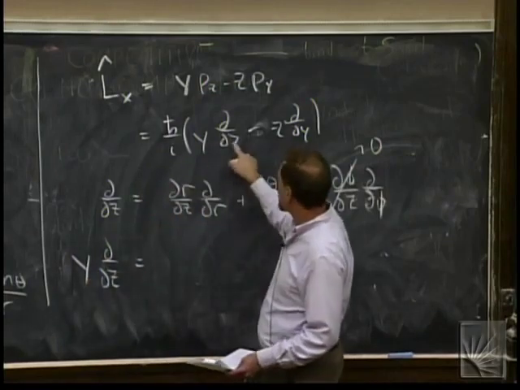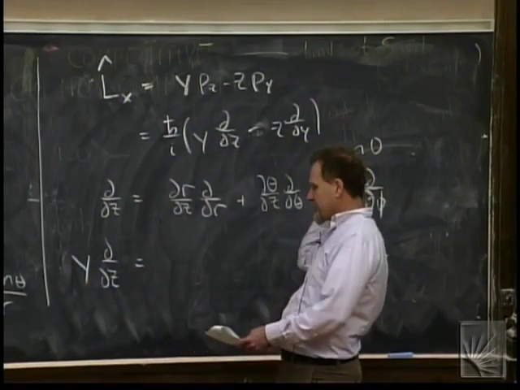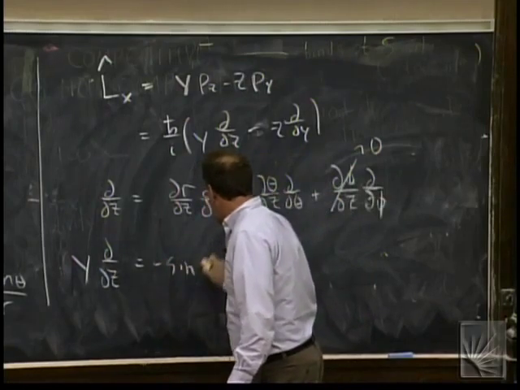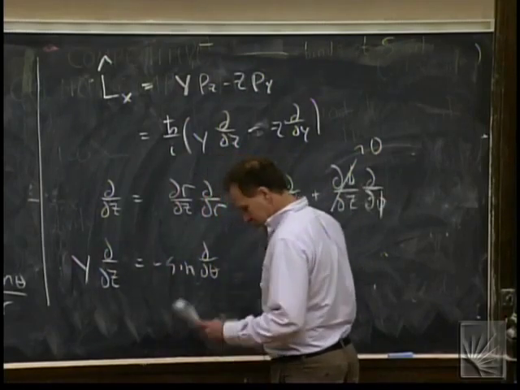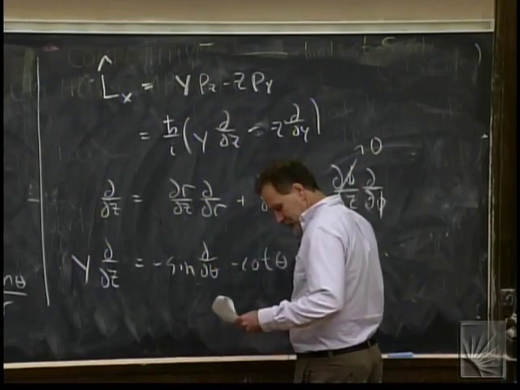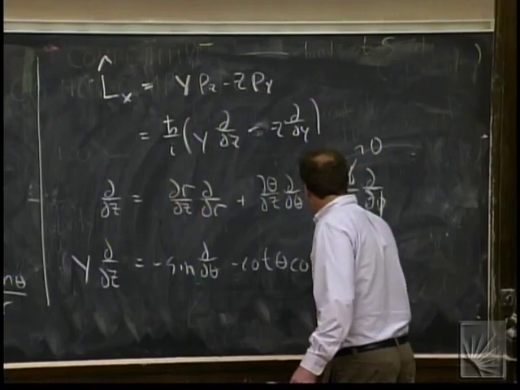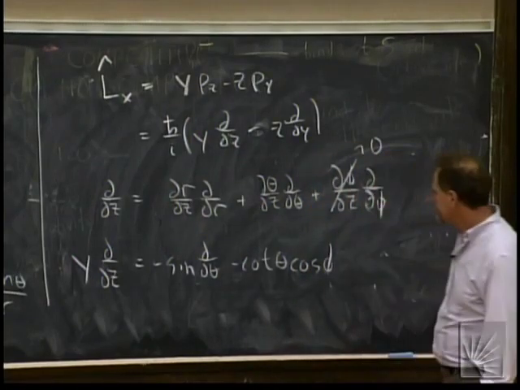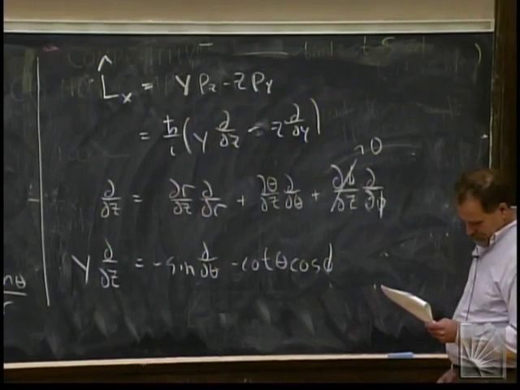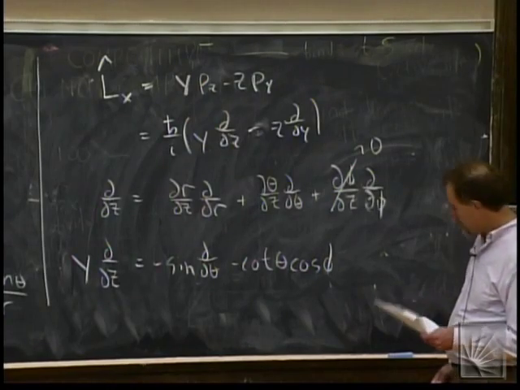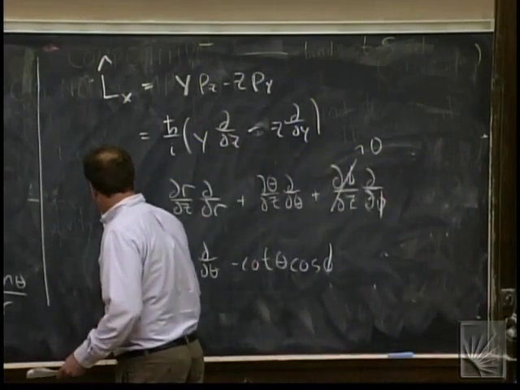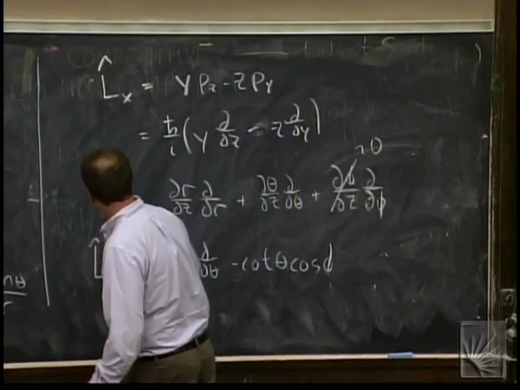So y d by dz, and y is r sine theta sine phi, okay, is minus sine theta d by d theta minus cotangent theta cosine of phi. All right. No. Sorry, that. What that is, that's L sub x after I've done more algebra. So I'll just stop there.